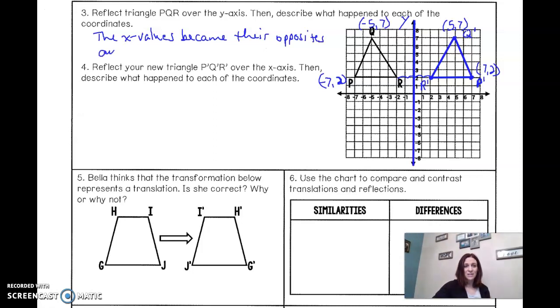And the y values stayed the same. Okay, that is the word same there that you can't read.